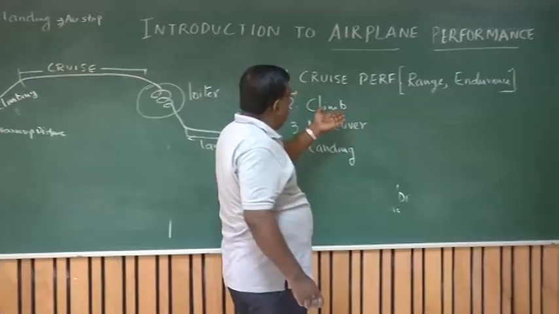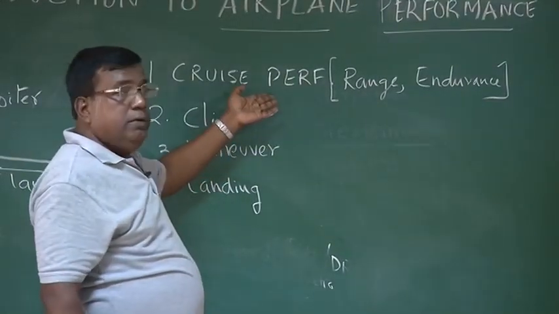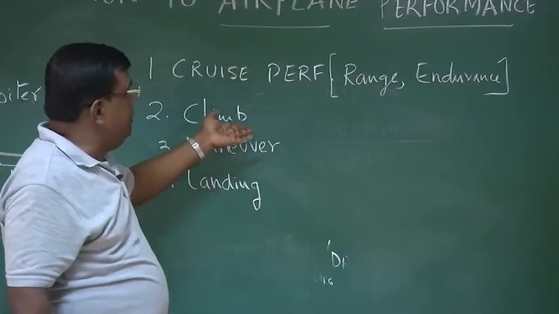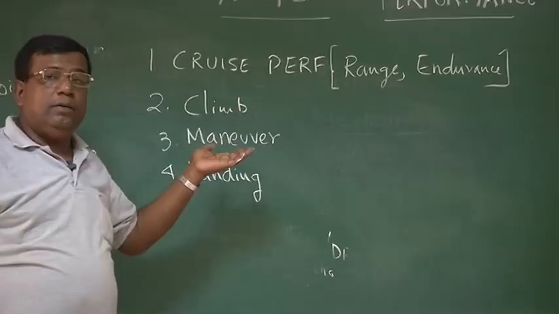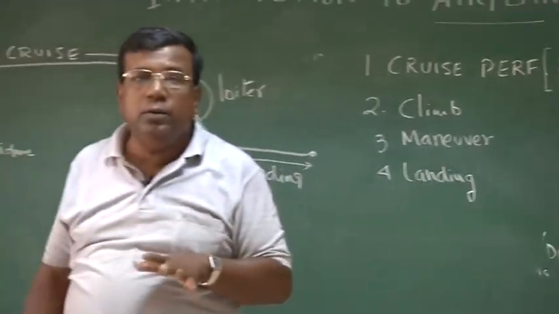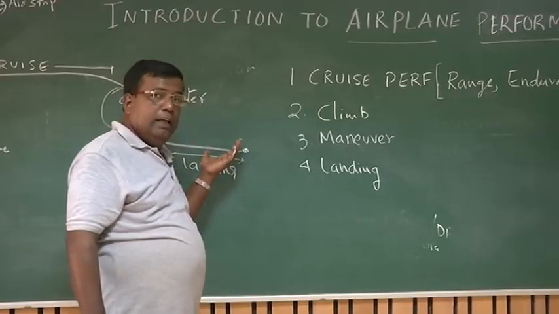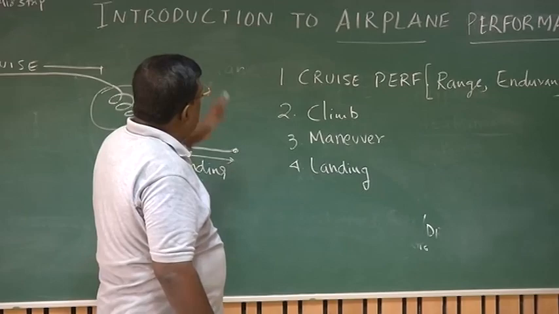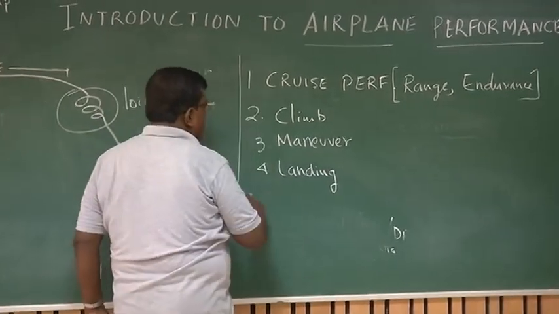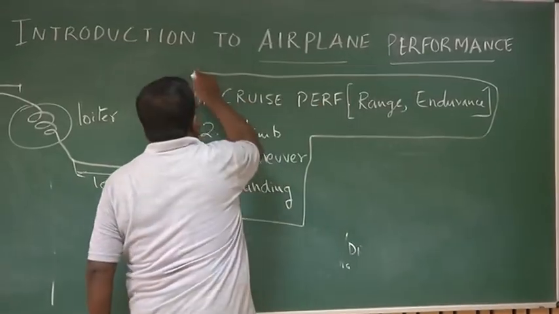Climb, you know, for a particular height, how much time I need to climb to that altitude and what is the best speed at which I should climb. Maneuver, what sort of turn rates, what sort of pull-up I can do. Landing, what is the landing distance I need to land the aircraft safely. So in my lecture, we'll go along with this as a guideline.